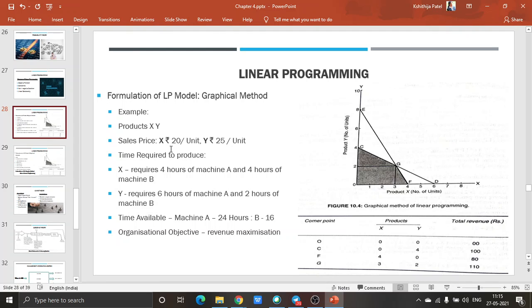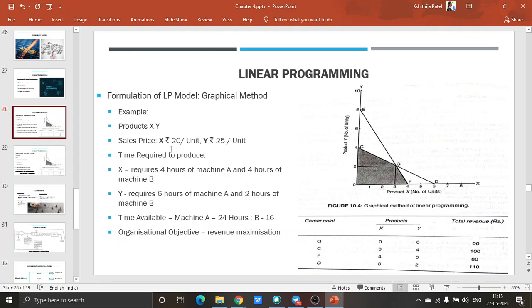The problem states that to produce each unit of X and Y, certain hours of machine A and B are necessary, but the total amount of time the machines are available is limited.